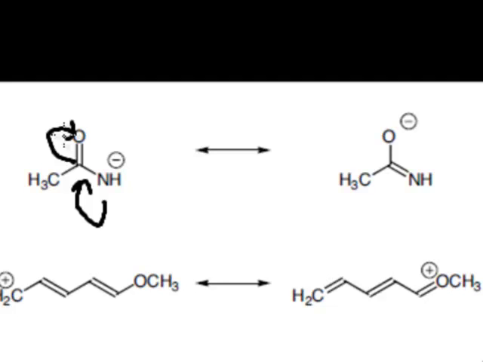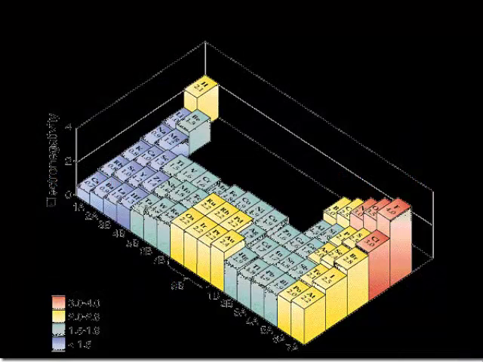This is an easy concept that you are probably familiar with, even from first year chemistry: electronegativity. Electronegativity is basically the desire for an atom within a molecule to draw electrons toward itself. Based on the electronegativity table, we know fluorine is the most electronegative, and anything further away from fluorine is less electronegative.